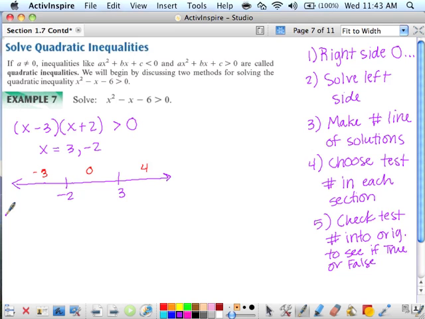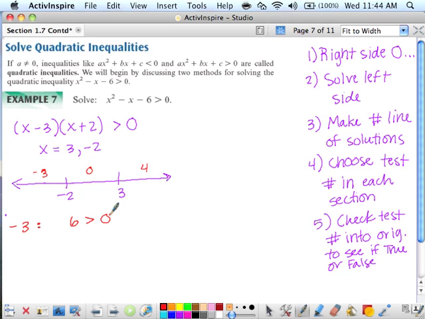So first we want to test negative 3. If I substitute negative 3 into the original problem, the left side gives me 6. I need to know whether 6 is greater than 0 or not, because that's what I want: the left side, x squared minus x minus 6, to be greater than 0.